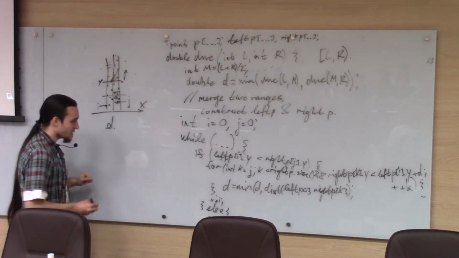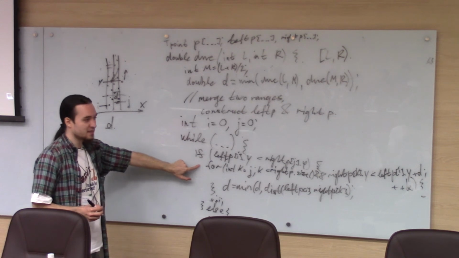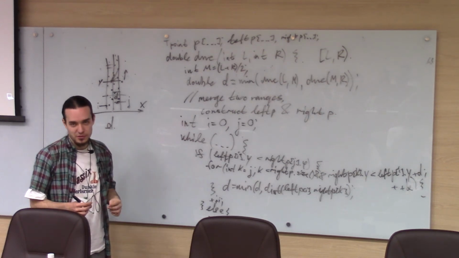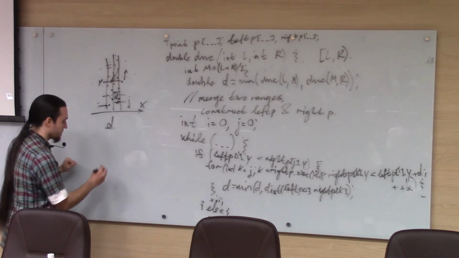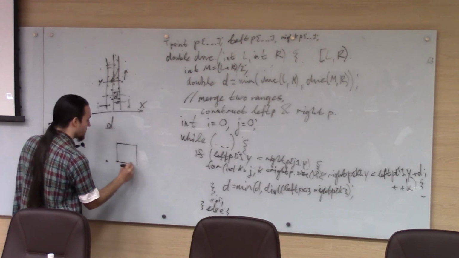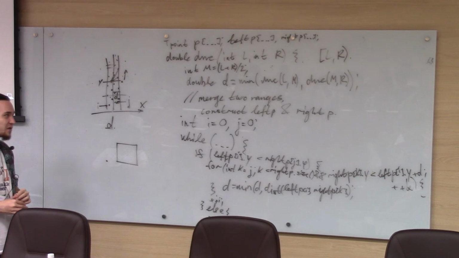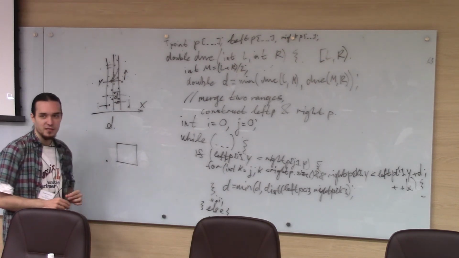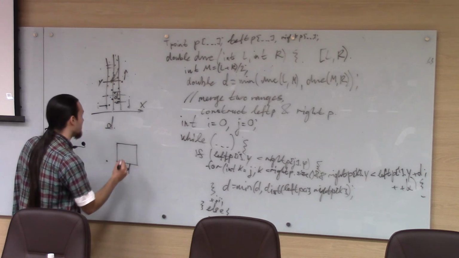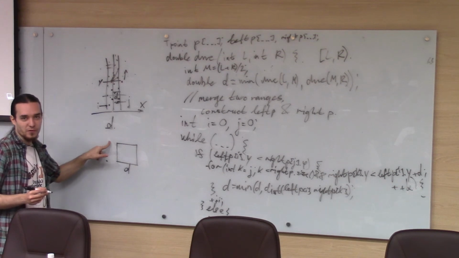So we claim that on each iteration, this cycle will work only for a constant number of iterations. And the reason for that is that on each step, we only have the chance to process the points that belong to the square, because it's the intersection of the strip, and also we don't move too far on the y coordinate.